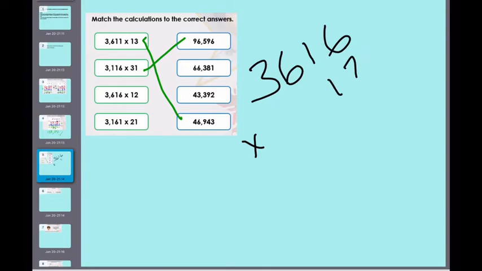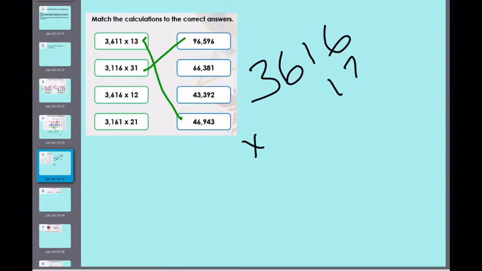Moving on to the tens, I've got 1 ten, I'm going to pop my placeholder in. 1 times 6 is 6, 1 times 1 is 1, 1 times 6 is 6, and 1 times 3 is 3. Add them together. 2, 9, 3, 13.